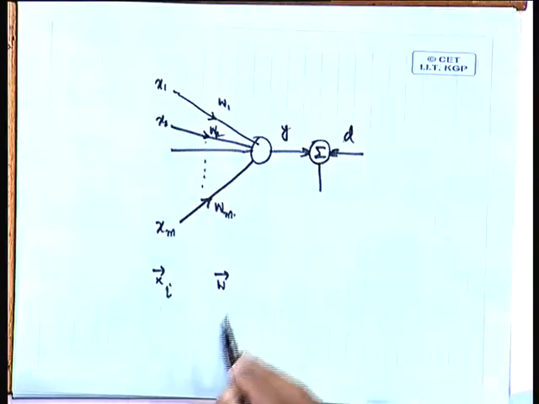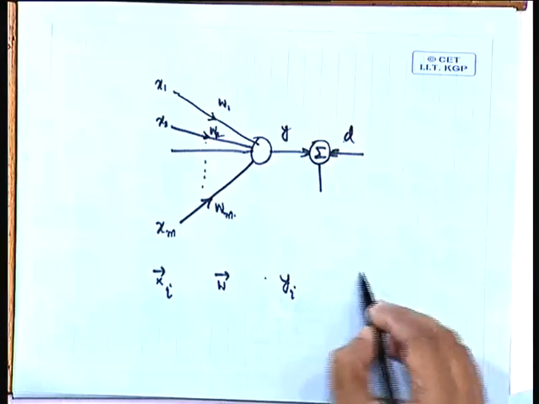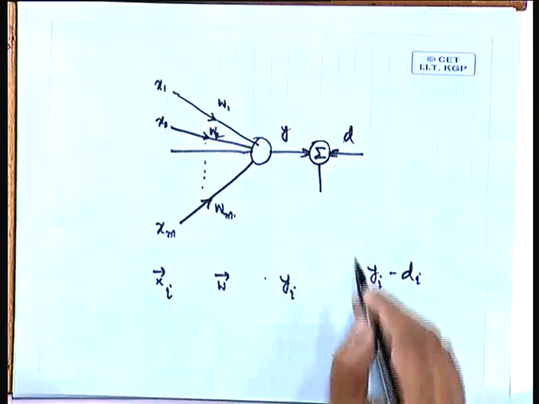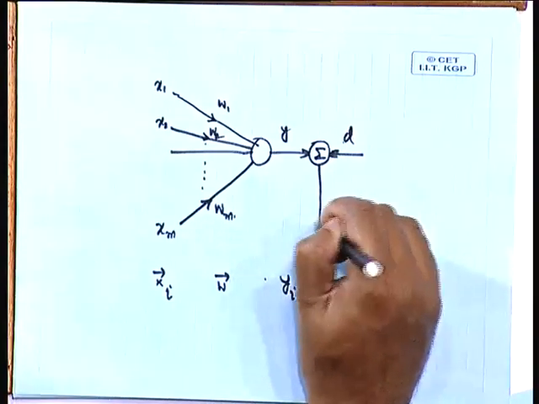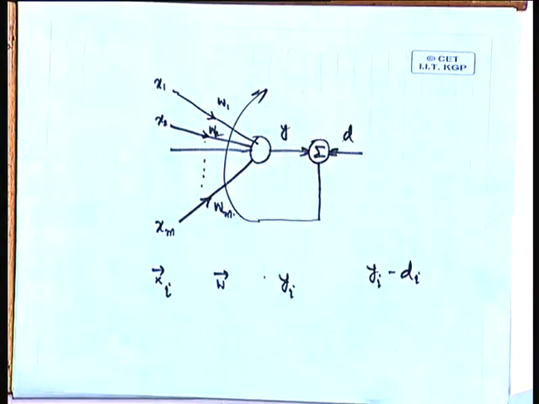If I take any vector xi and obtain yi, then the error is yi minus di or di minus yi, and this error is going to change the set of weights again. So, with the change of weights the system adapts to give the actual output as close as possible to the desired output, doing the error minimization.